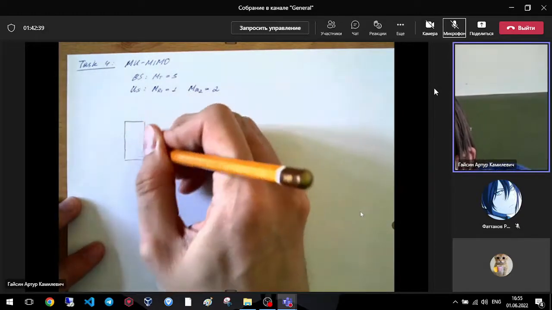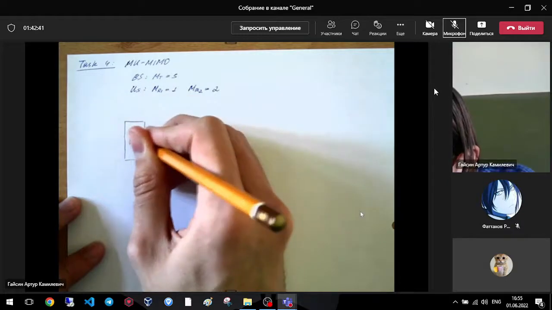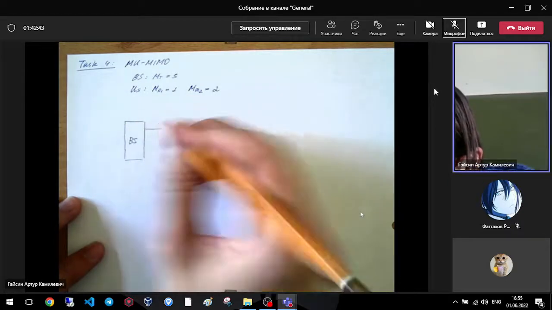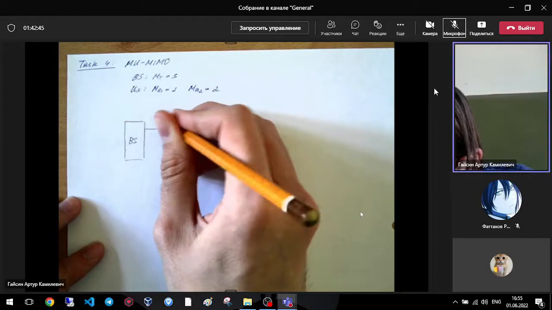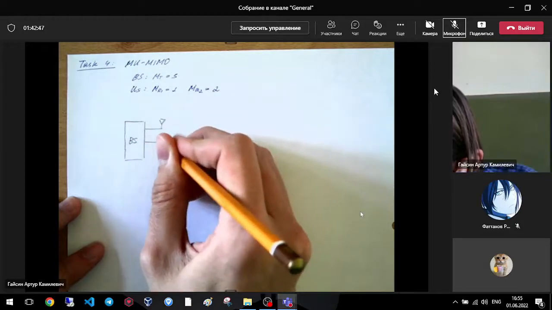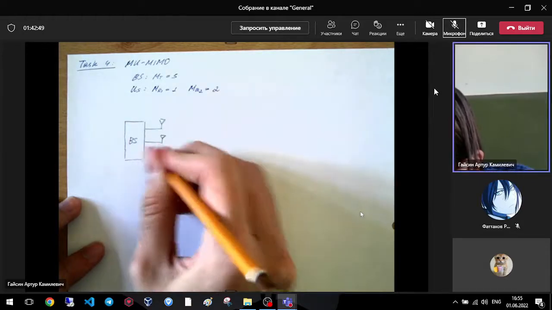Let's assume our base station. It has 3 antennas.